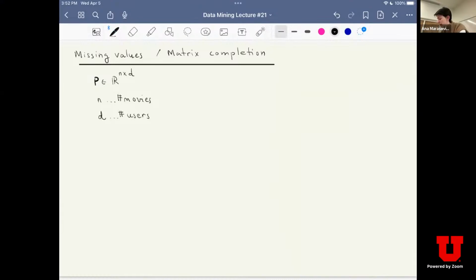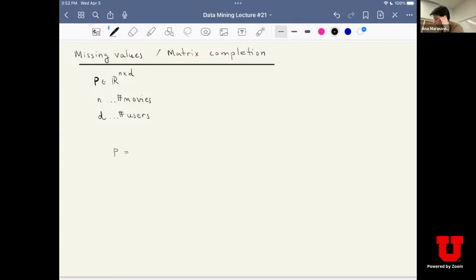So now you have this gigantic matrix P, and as we have already observed, not every user is going to rate every movie. So a lot of values in this matrix are going to be missing.